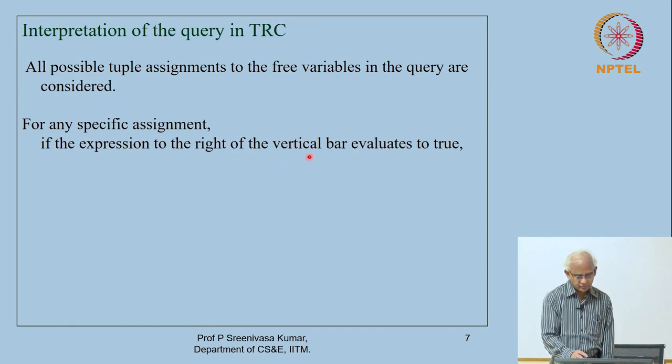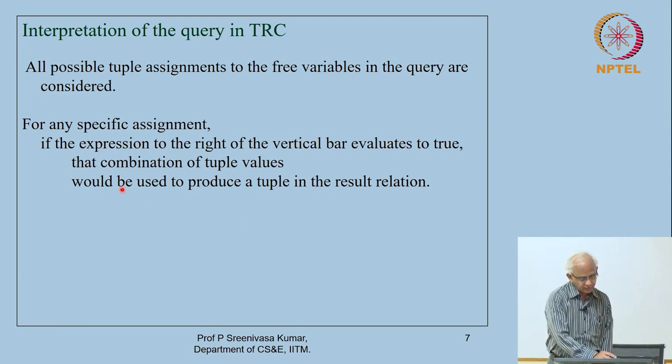So, if the expression on the right hand side of the vertical bar evaluates to true, then that combination of tuple values is used. Notice the combination of tuple values here: there are lots of free variables in an expression, you may use several of them, and all those free variables are considered together in one assignment, with one set of values assigned to these free tuple variables.